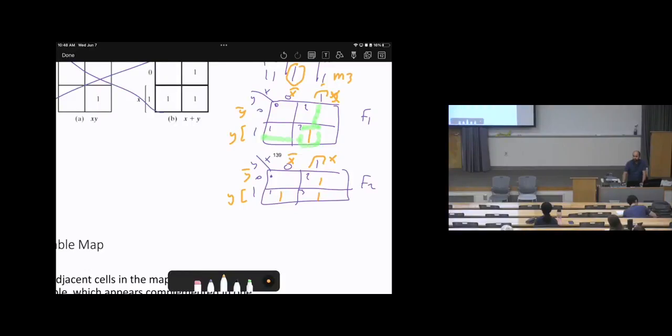Okay? Do you agree with me in this? Wherever there is 1, it will be the variable without bar. Whenever there is 0, the variable with bar. So look at the 1. It's located between x and y. Therefore, f1 equals xy, because it's between x and y.